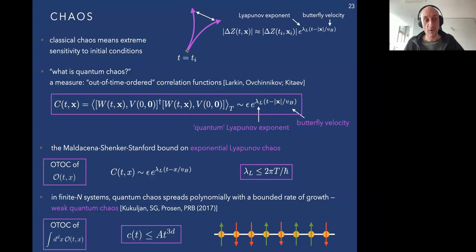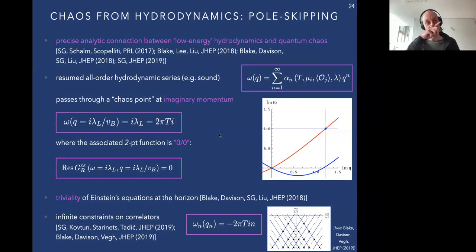Now, what we were able to see from analysis of hydrodynamics or shock waves and various things that we were doing is that this knowledge of quantum chaos is encoded secretly in the behavior of the hydrodynamic mode. So what we were able to show is that everything about this dispersion relation passes through some kind of a magical point.